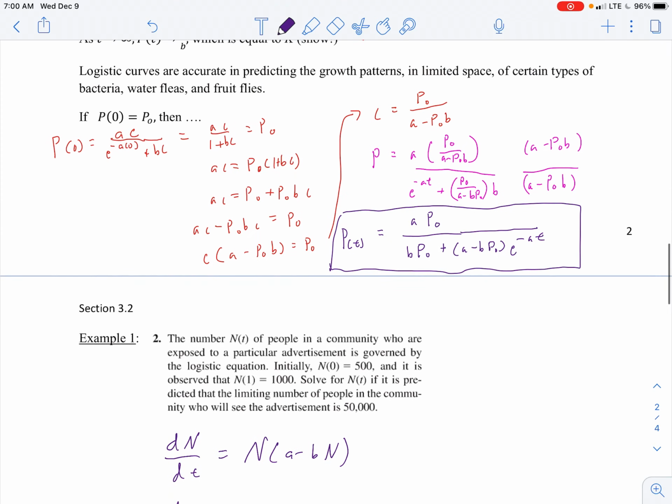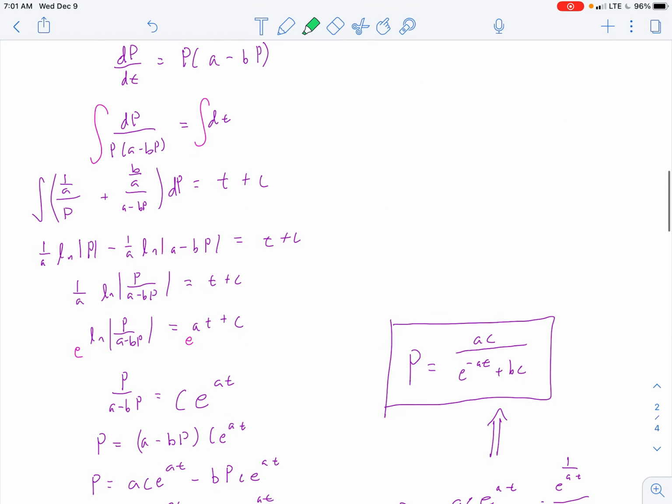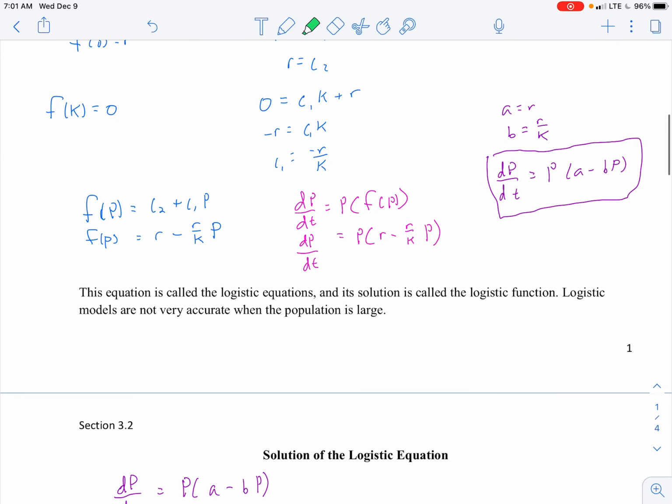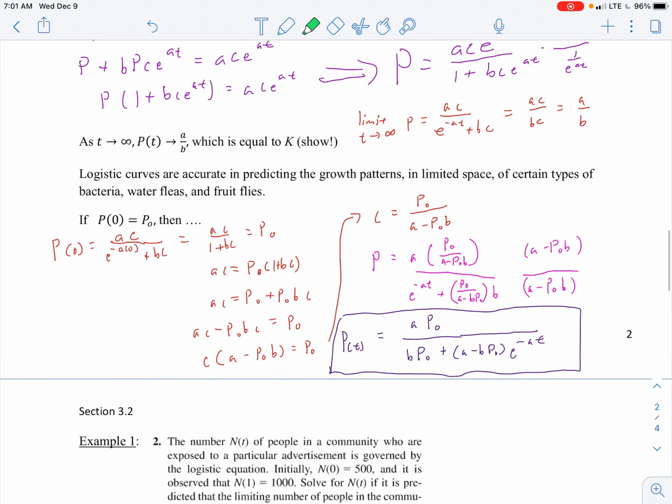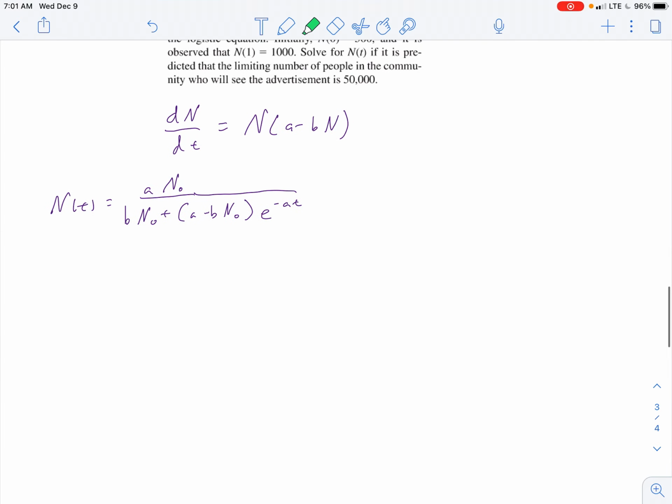Again, this comes from what we boxed up right here. We know that was the solution by all the math work that we did, and since we're told we have the logistic equation, that's why I wrote dN over dt. I'm going to erase that to show you where all of our equations are coming from.